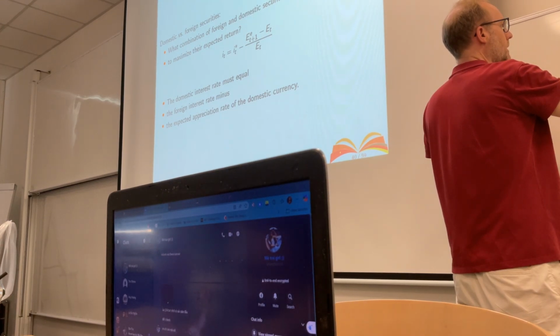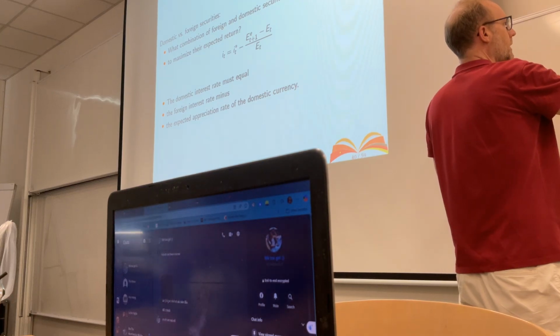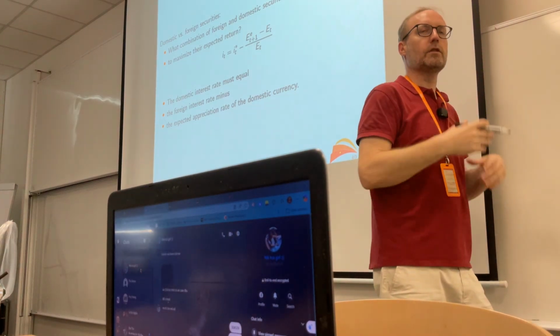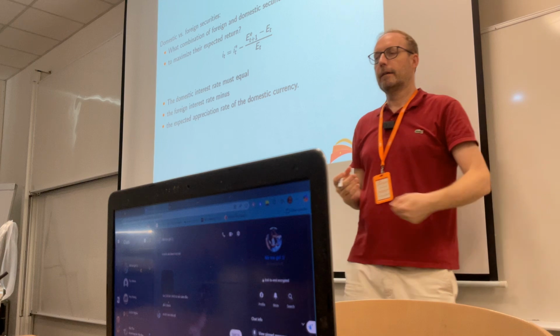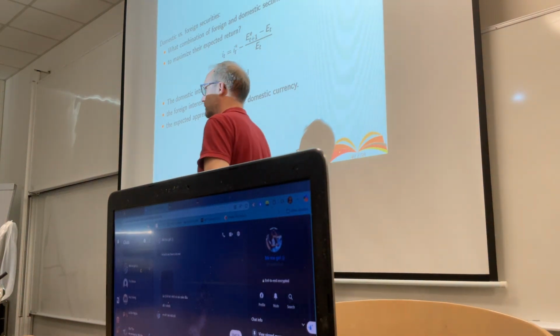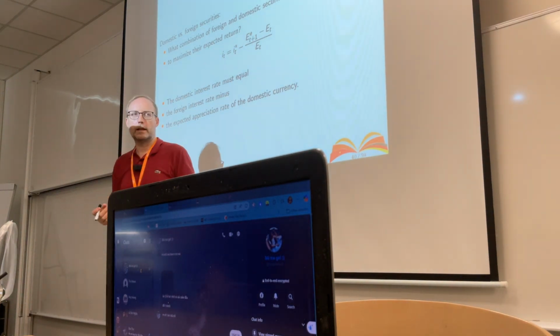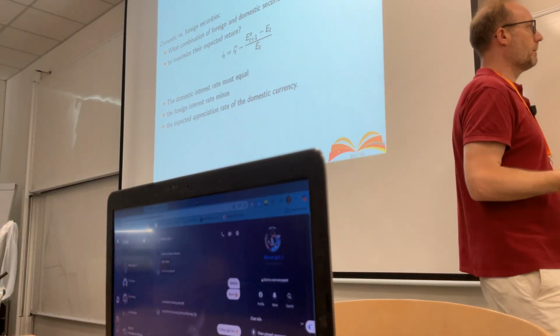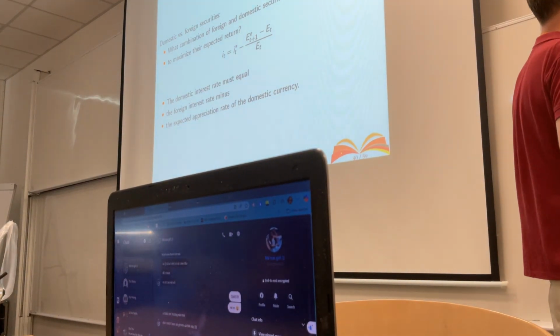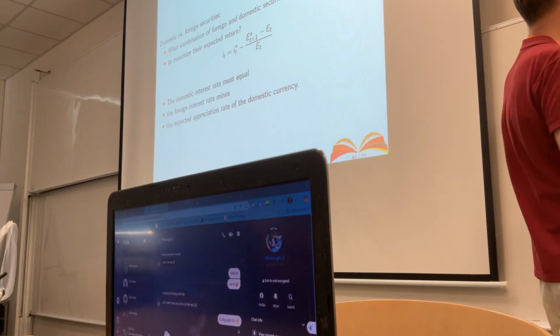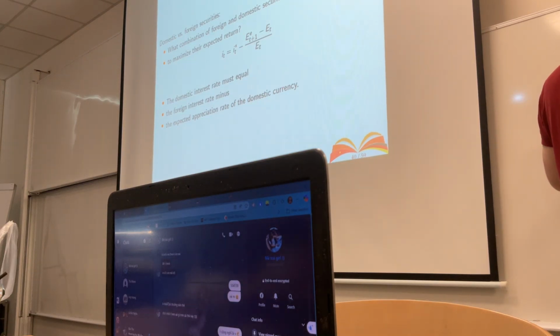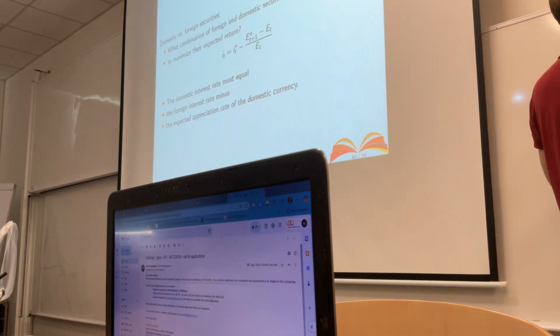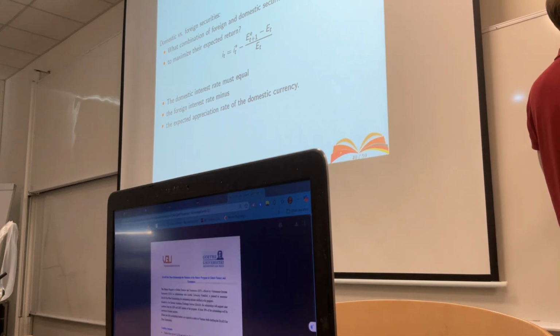This is called the velocity of money, which is how often a currency note is exchanged. This is the number of transactions per unit of time, and this is the velocity per unit of time.